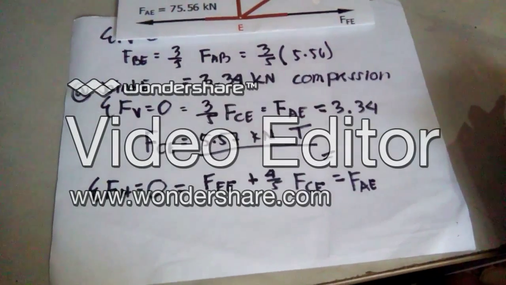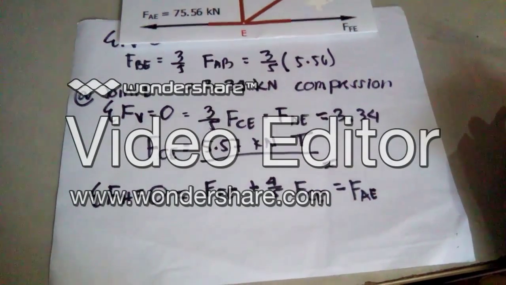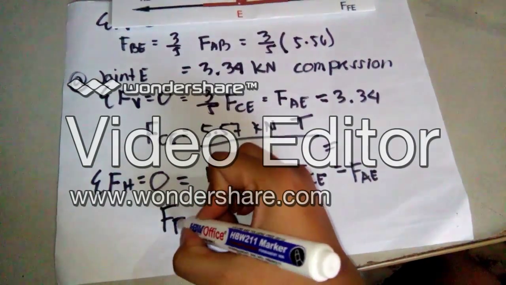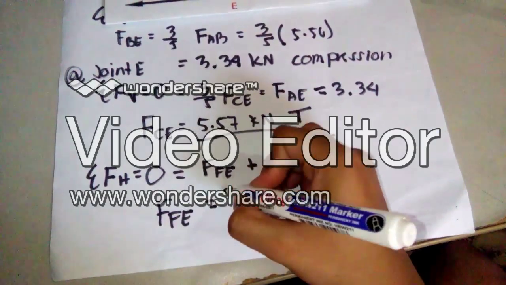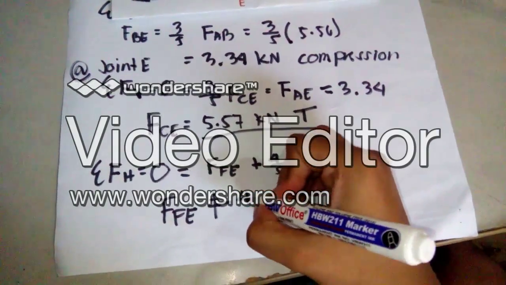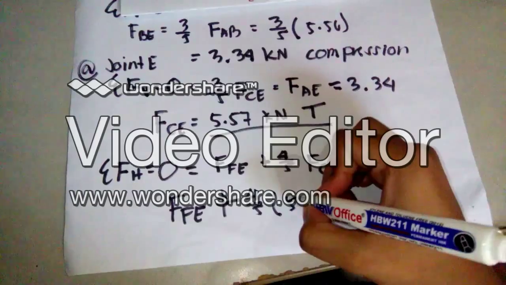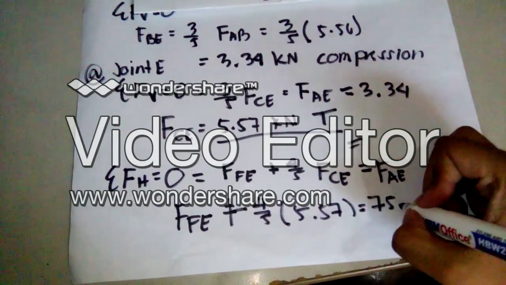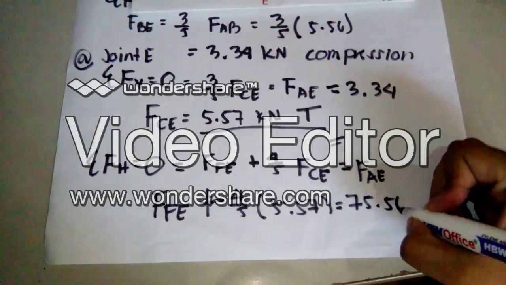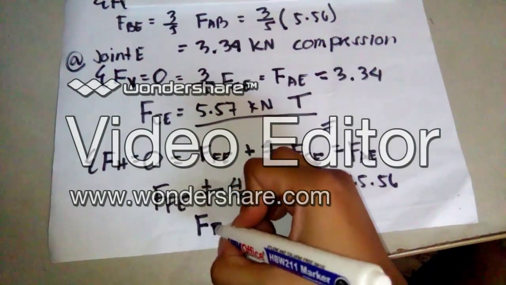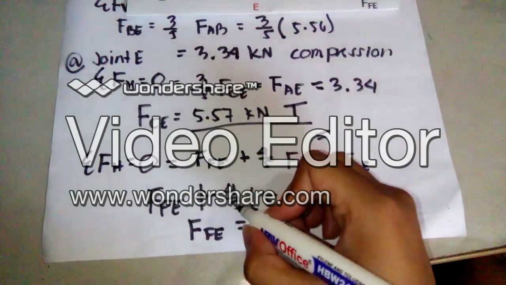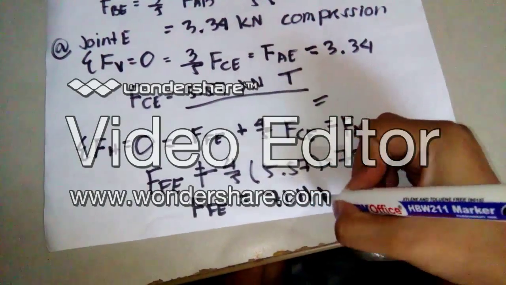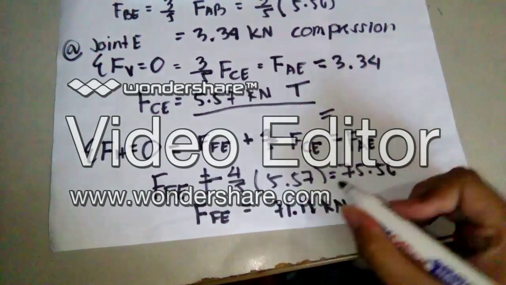Substituting the known values, we have force in FE plus 4/5 of 5.57 is equal to 75.56. So force in FE is equal to 71.11 kilonewton tension.